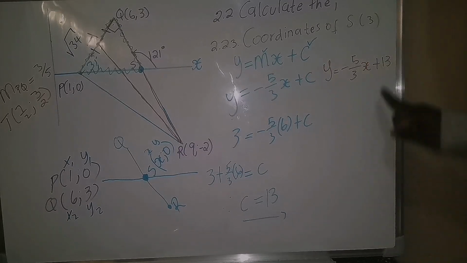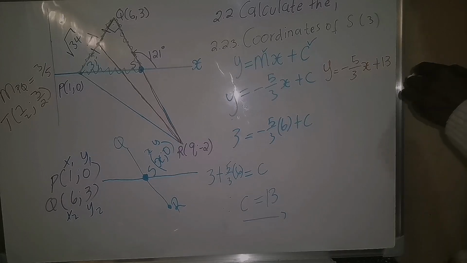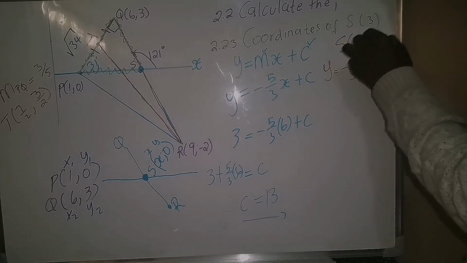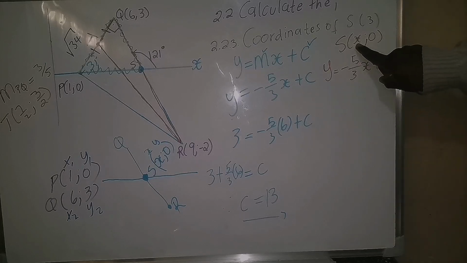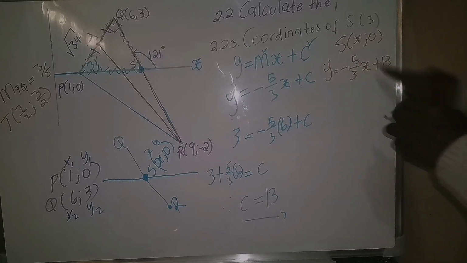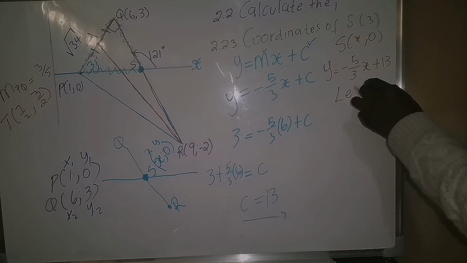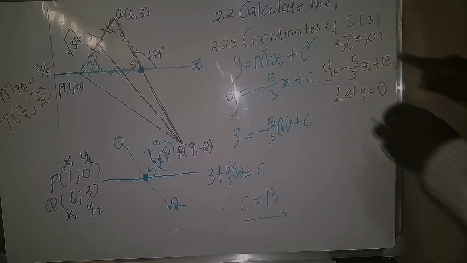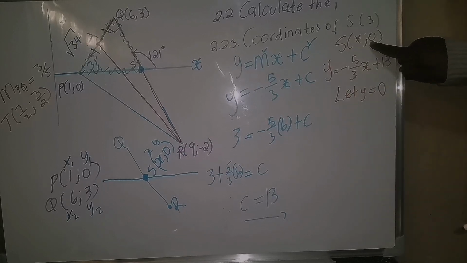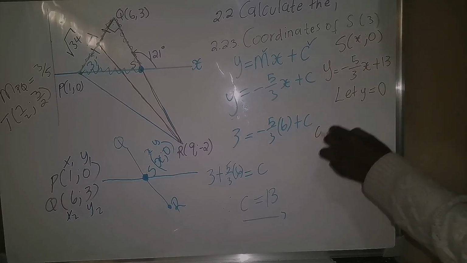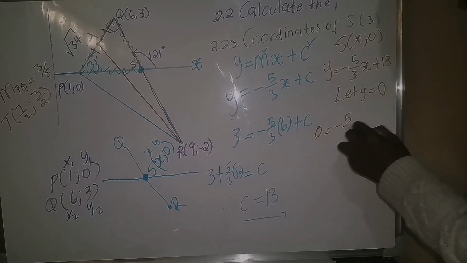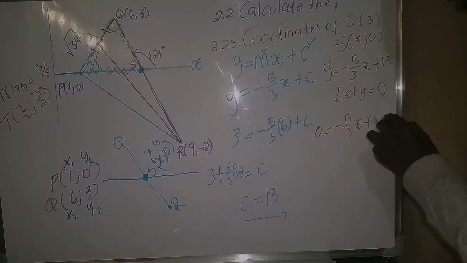Remember, I also have the coordinates of S. The coordinates of S are x and 0. Now I need to find x, our variable. For us to find x, let y be equal to 0, since S sits on the x-axis. So 0 is equal to -5/3 x plus 13.